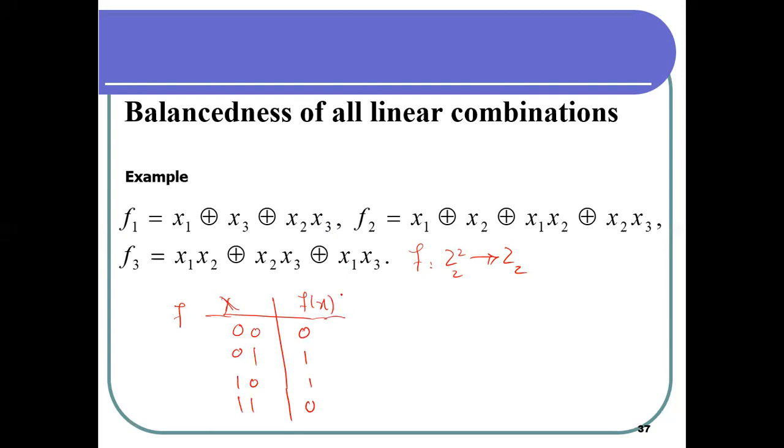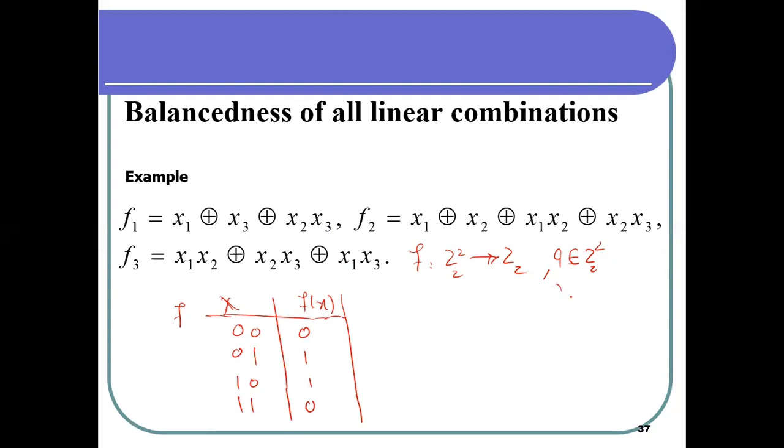What I have to calculate is this: I take one a from this set, because this is Z2 squared. So I have to calculate a.